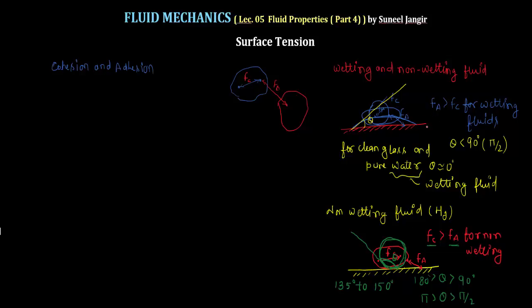It will try to wet the surface. Now we are in a position to understand the concept of surface tension. To define surface tension, I'm taking this space that I will utilize here.